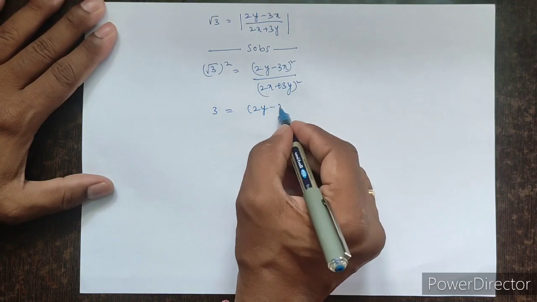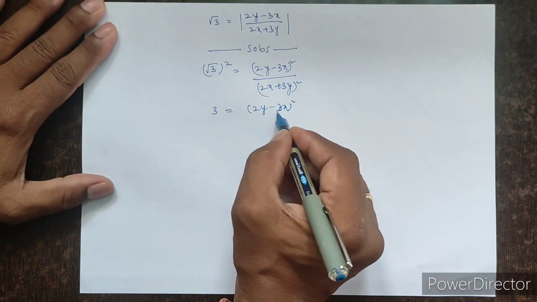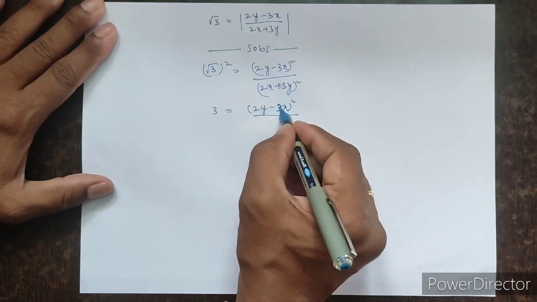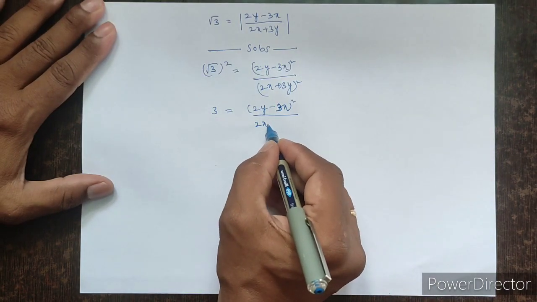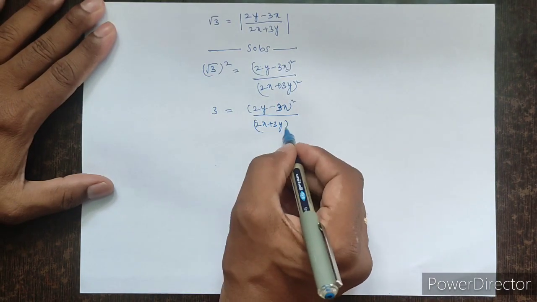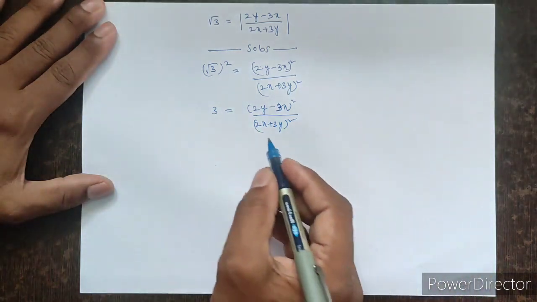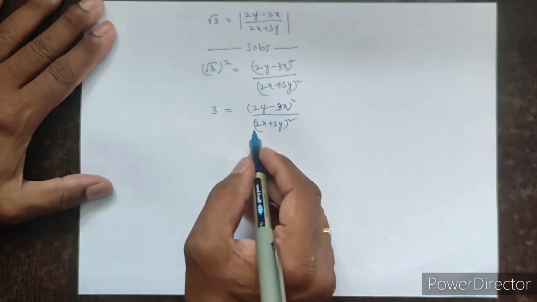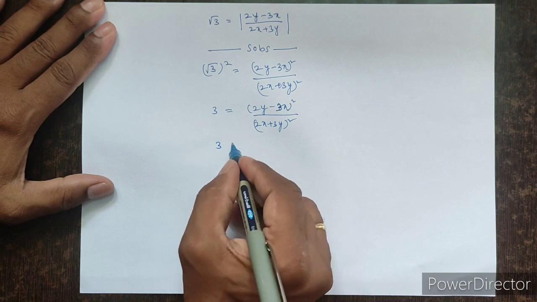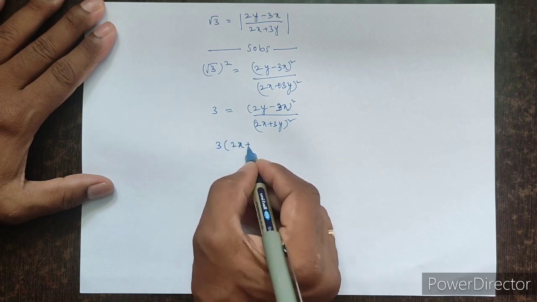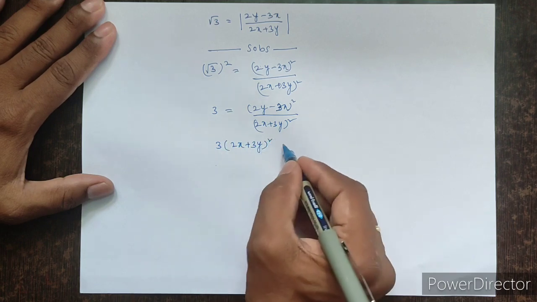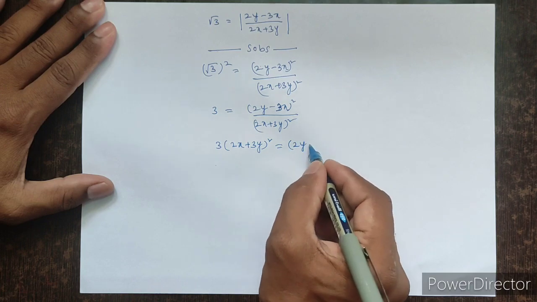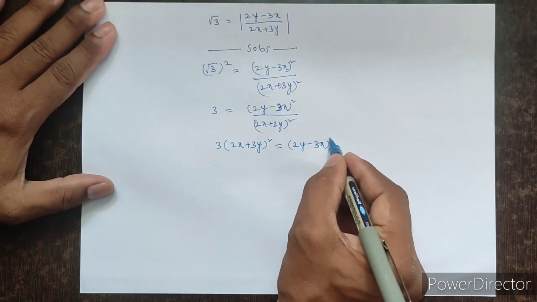So 3 by 1 equals 2y minus 3x whole square by 2x plus 3y whole square. Cross multiplication: 3 of 2x plus 3y whole square equal to 2y minus 3x whole square.